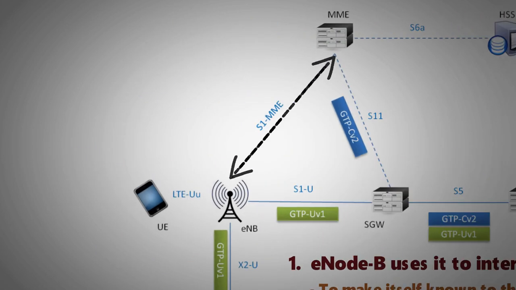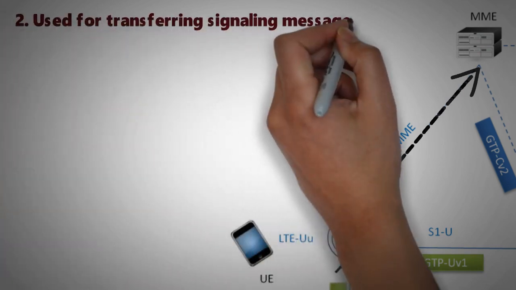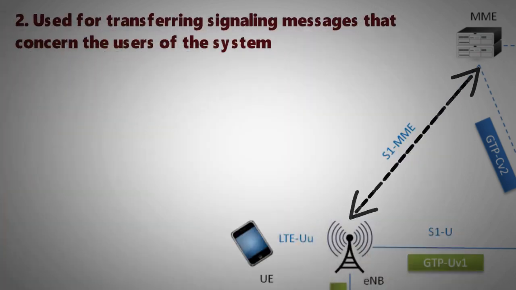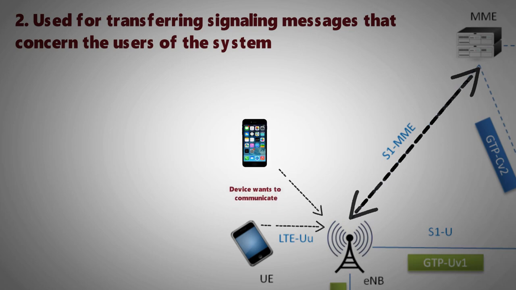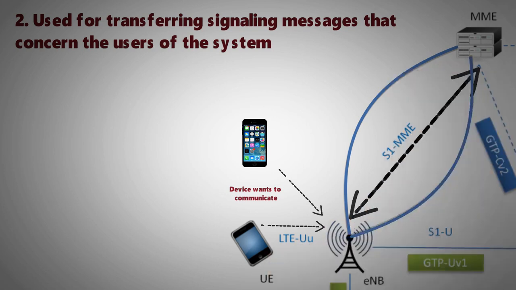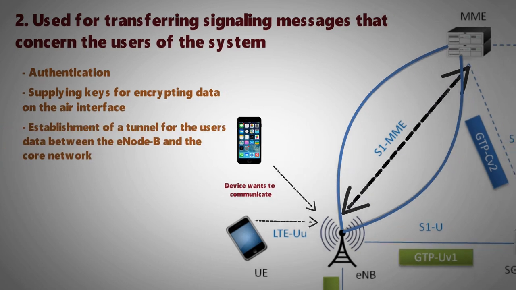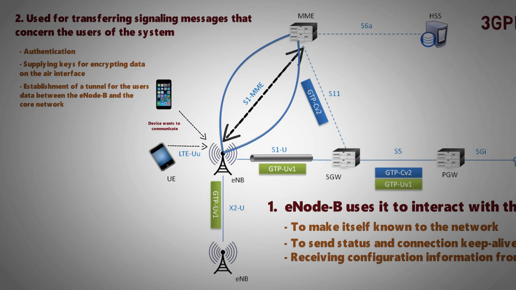Secondly, the S1CP interface is used for transferring signaling messages that concern the users of the system. For example, when a device wants to communicate using the LTE network, an individual logical connection has to be established, and the core network is responsible for authentication, for supplying keys for encrypting data on the air interface, and for establishment of a tunnel for the user's data between the eNode B and the core network.